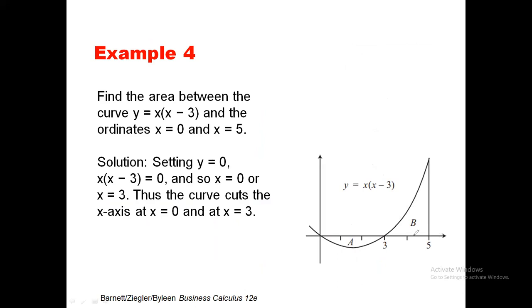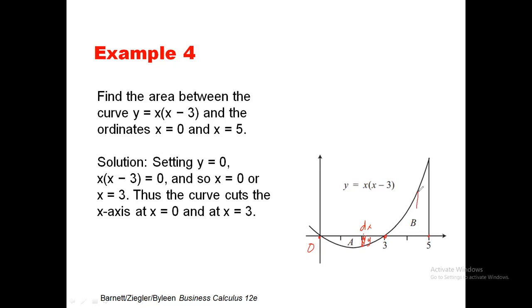So your points of intersection are 0, 3, and 5. If you use the vertical element, that would be consistent for any portion of area A. That would be the y of the line minus the y of the curve.